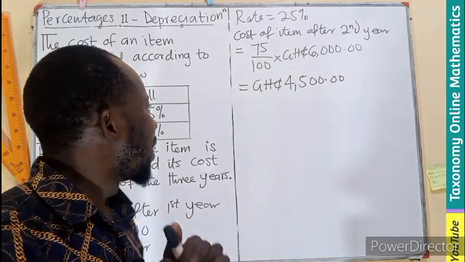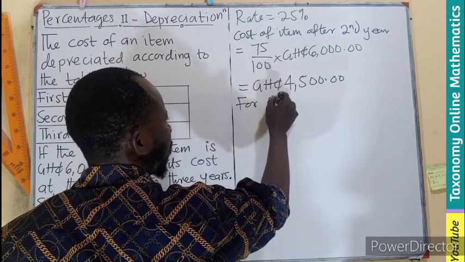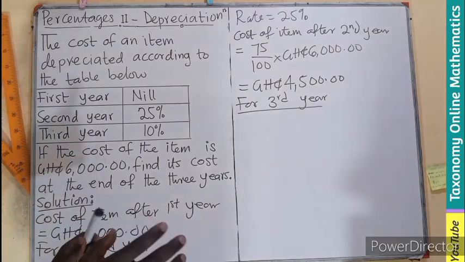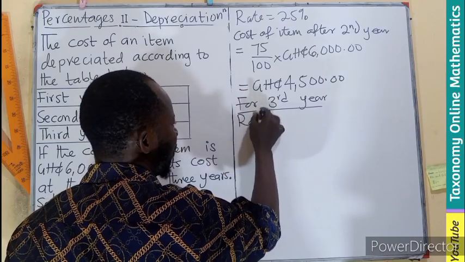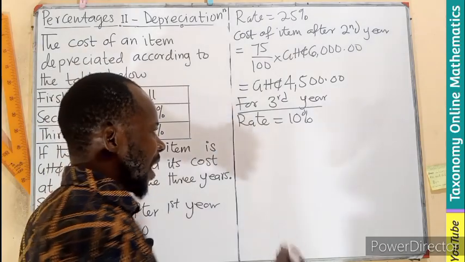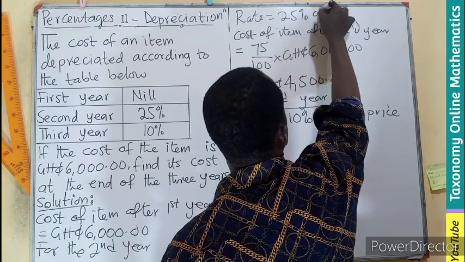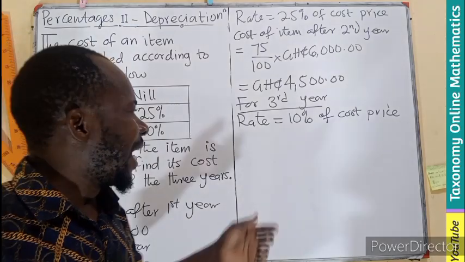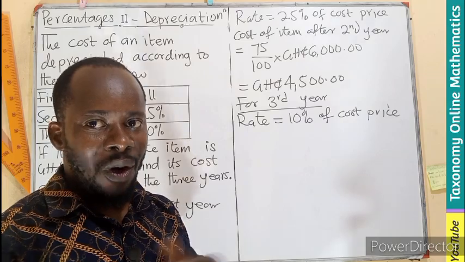Now, for the third year, we know the value is depreciating at a different rate of percentage. So we can say that the rate of depreciation is going to be 10% of the cost price. So if that is what is going to happen, then the new value will be a 10% reduction of the 100%.